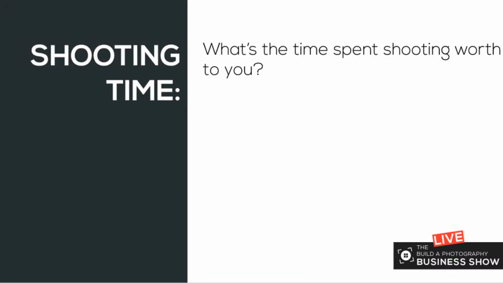The next element we need to calculate is your salary and what you want to be earning for your time spent shooting. So what's that time worth to you? Now, you don't want to add anything else to this. So we're only factoring in your time shooting, not your time doing other things. Okay, we're only factoring in your time shooting.